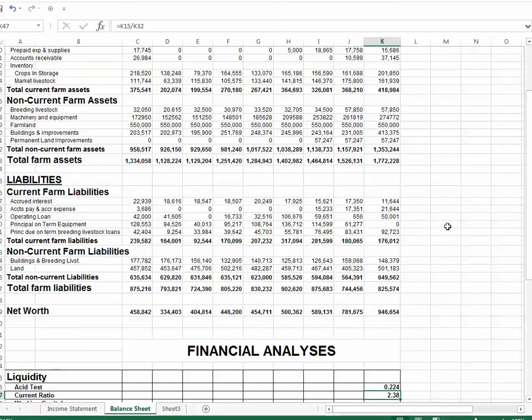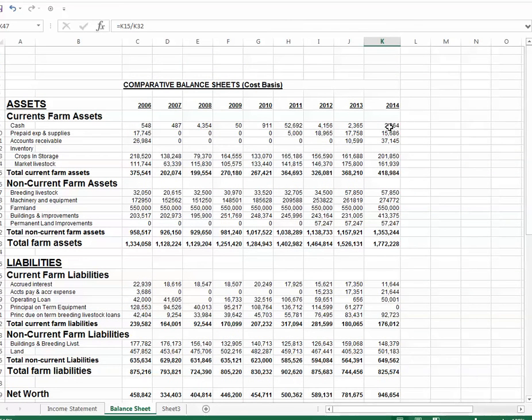and accounts receivable. Now, why would someone like Farm Financial Standards or a banker or a lender want to calculate a current ratio and an acid test as two separate ratios? And the reason is quite simple. When you calculate current ratio, let's go back and examine the current assets of this particular farm, J&J Farms.